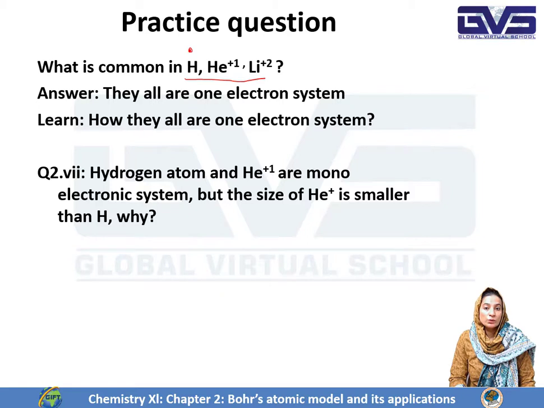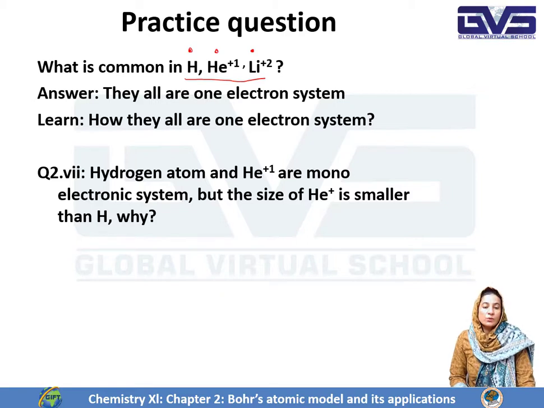I'm talking about neutral helium, 2 protons and 2 electrons, but now it is helium plus 1, so 1 electron is taken away, so the remaining electron is 1. Lithium's atomic number is 3 for a neutral atom, but it has 2 positive charges because 2 electrons are taken away, and the remaining electron is 1. So these helium ion, hydrogen neutral and lithium ion are mono-electron systems, or you can say one-electron systems. So Bohr's postulate is basically for calculating the radius of a one-electron system.